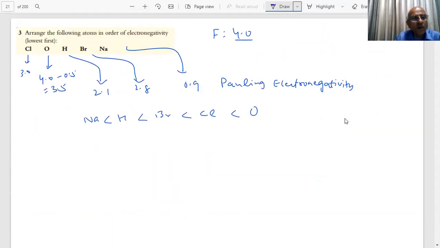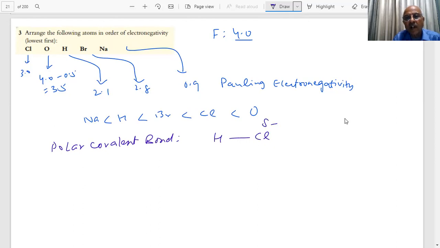For example, if I have H and Cl, one is more electronegative and the other is less electronegative, so there is a separation of charges. So we define a quantity called dipole moment, represented by mu. Dipole moment is defined for the polar covalent bond.